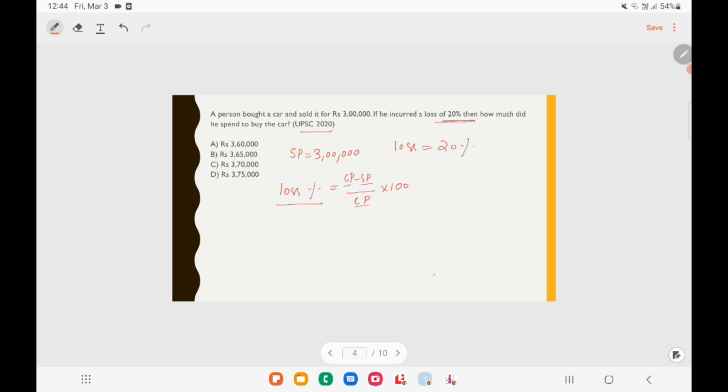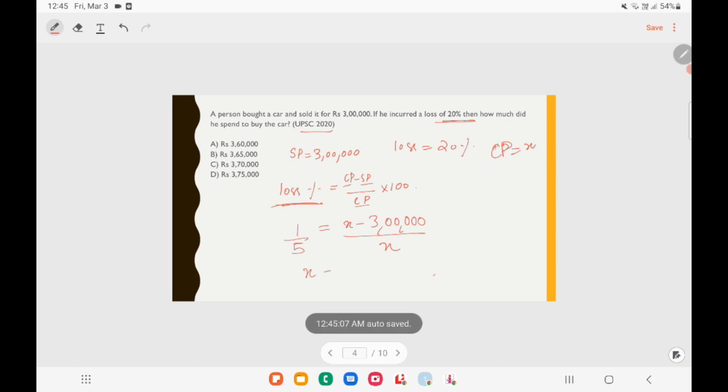So cost price, let us assume it is X. So just put cost price is equal to X. So loss percentage is 20. So 20 is equal to X minus selling price is 3 lakh, X minus 3 lakh by X into 100. So I am bringing this 100 here. So it will become 20 by 100. 20 by 100 is 1 by 5.